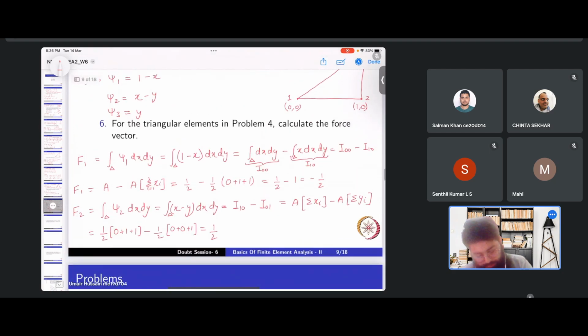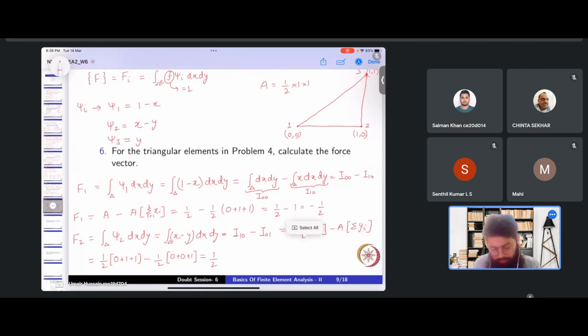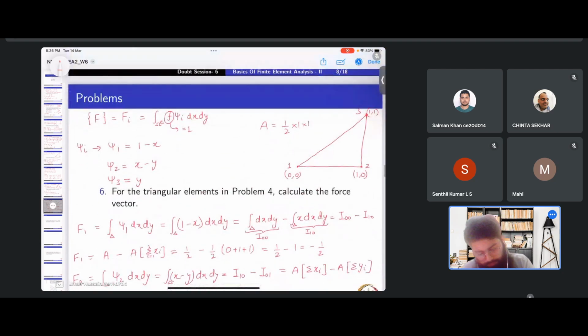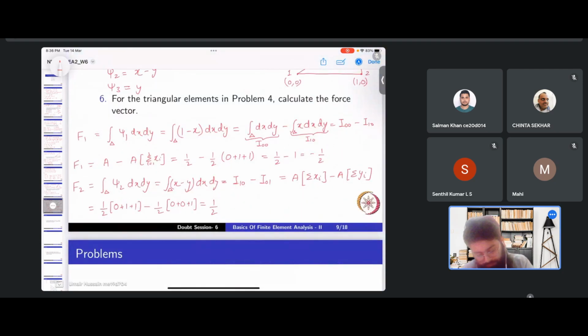Okay, like we are out of space. Try to do F3 here, whatever space we have. So F3 is psi 3, which is y, dx dy.